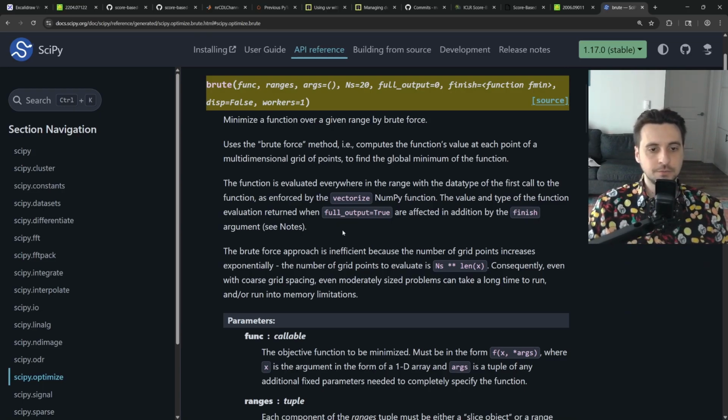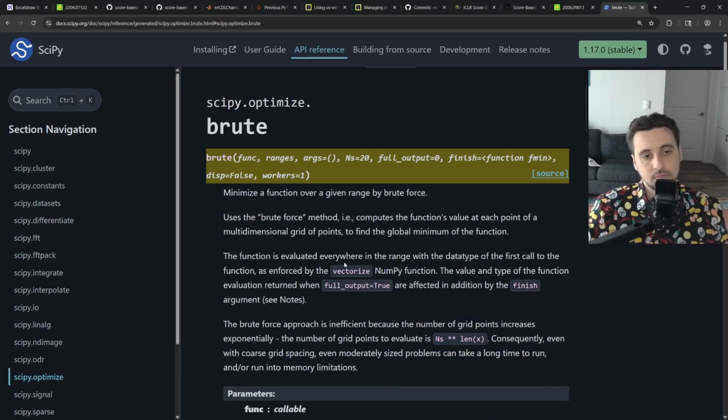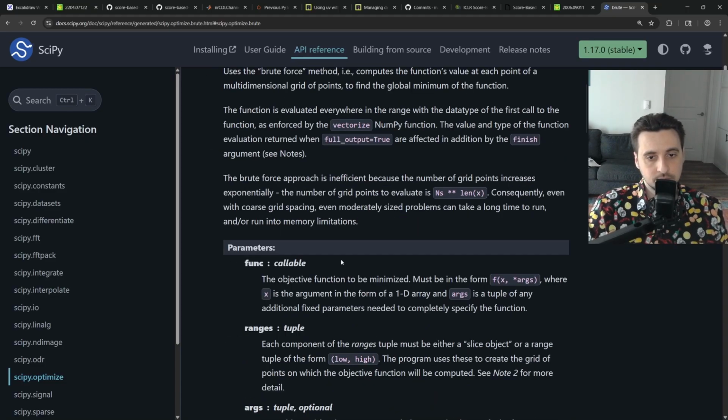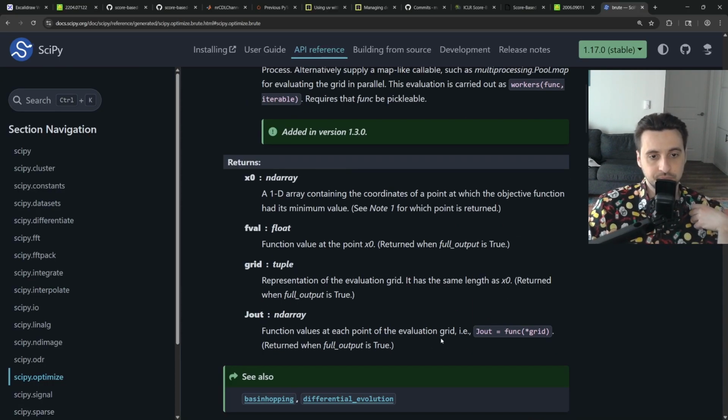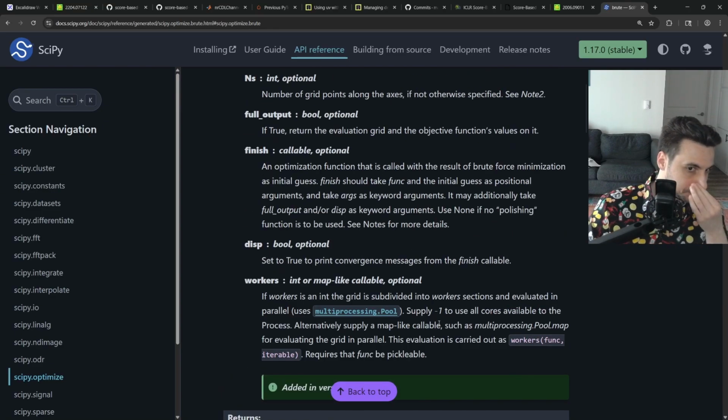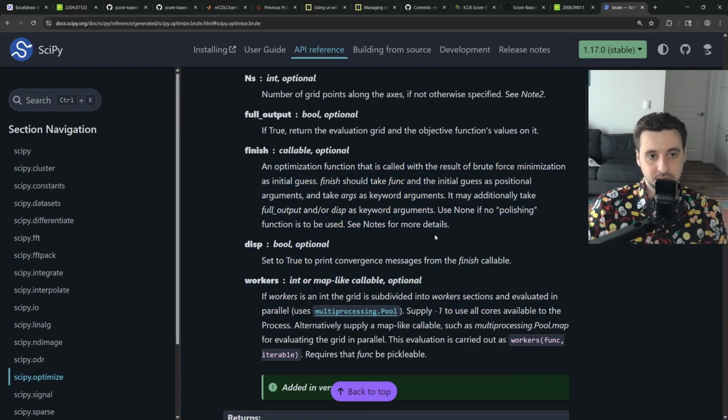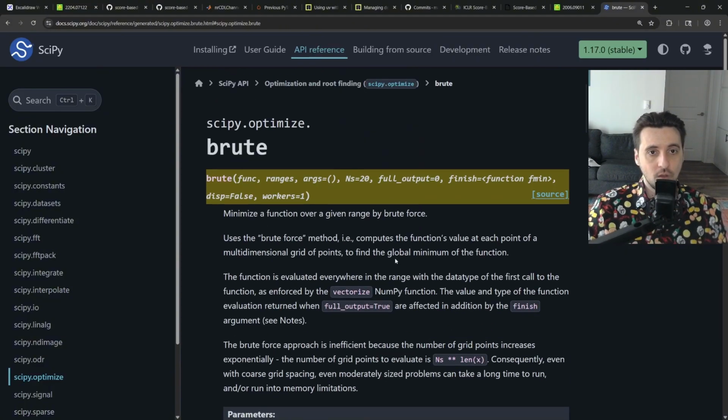Should I just do my own f of x, slice range? This program uses it to create a grid of points. I think I'm just going to use this scipy optimize brute. Let's start with this one.